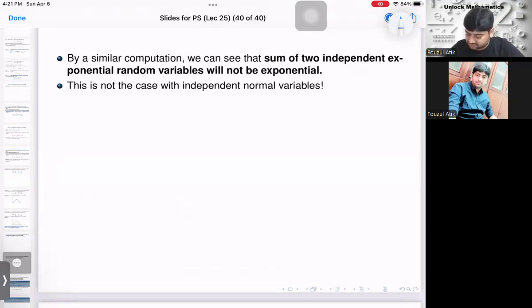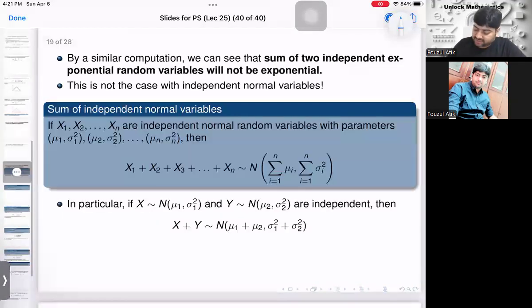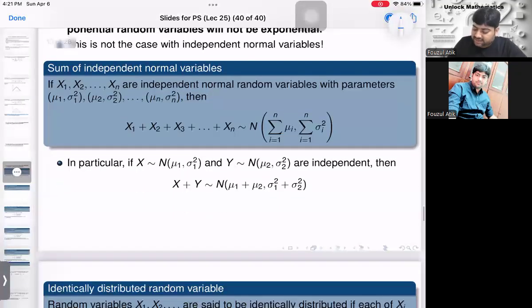Why? Just look at the theorem. If X1, X2, ..., Xn are independent normal random variables with parameters mu1, sigma1 squared, mu2, sigma2 squared, up to mu n, sigma n squared, then their sum is a normal random variable with parameters mu1 plus mu2 plus ... plus mu n, comma, sigma1 squared plus sigma2 squared plus ... plus sigma n squared.